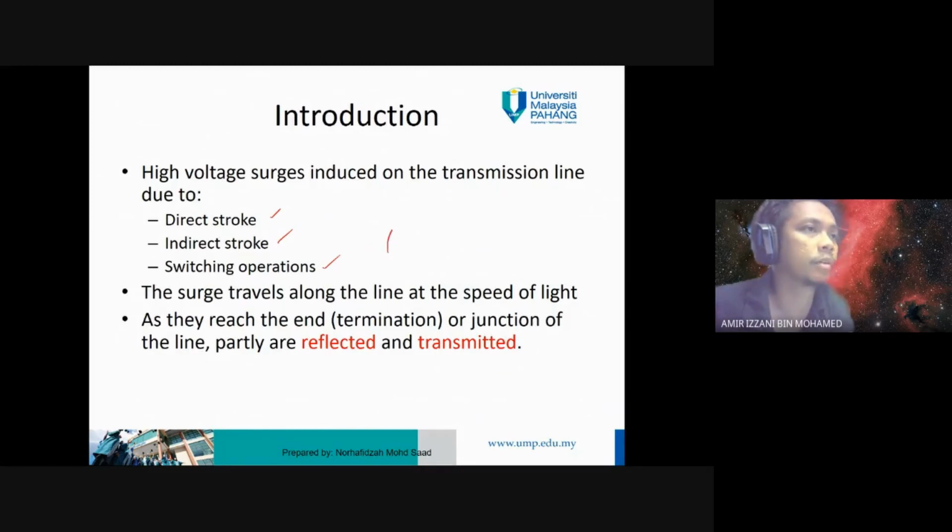For example, if we have AC and the lightning strikes at this time, the voltage will rise up, going over the limit of our nominal voltage. So this is surge voltage, and it will travel along the line at the speed of light.